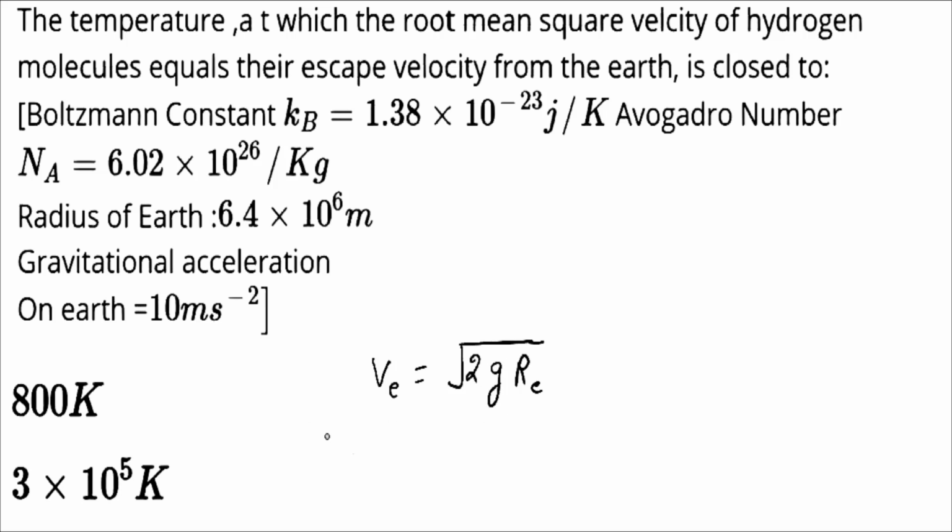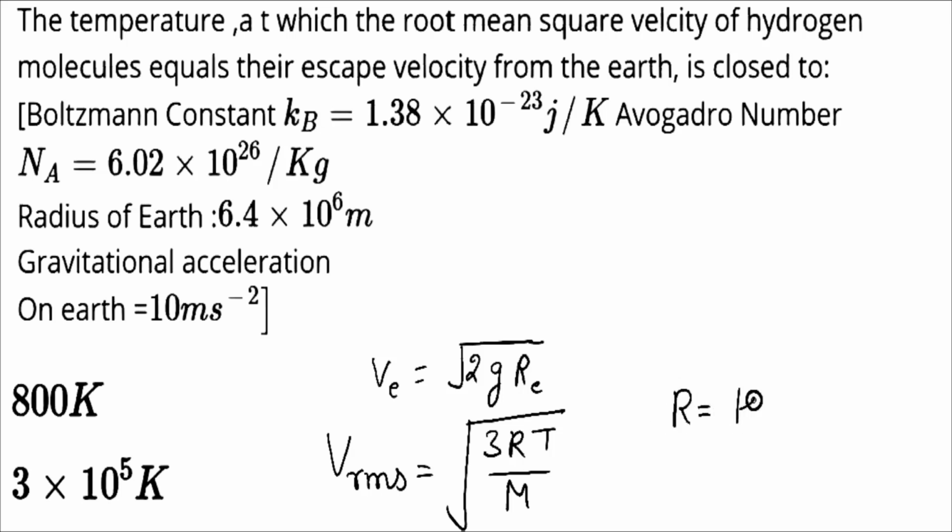Now we know that root mean square velocity Vrms is under root of 3RT by m, where m is the molar mass and R is the universal gas constant. So I can write R is equal to Boltzmann constant into Avogadro number.